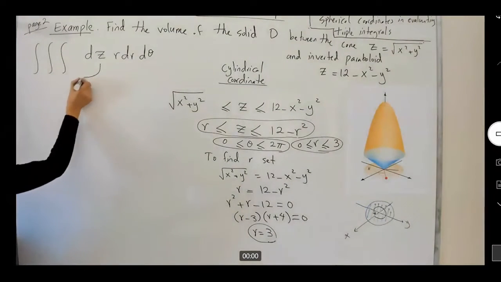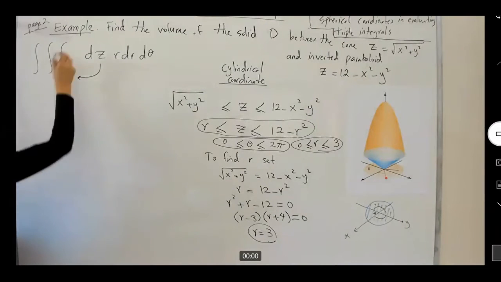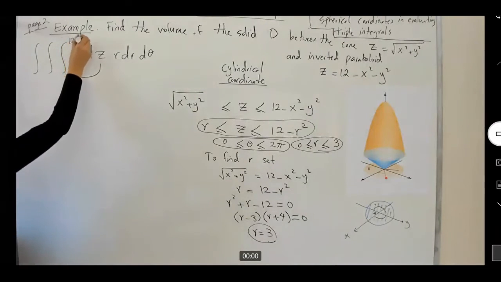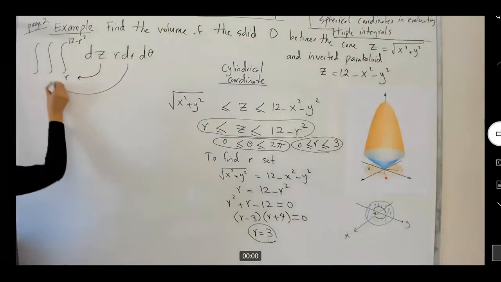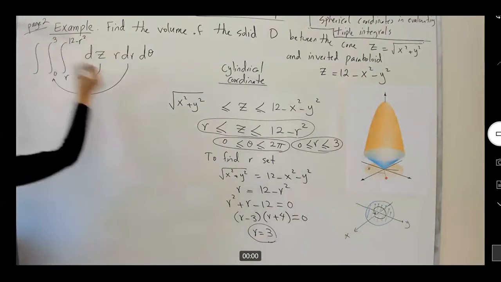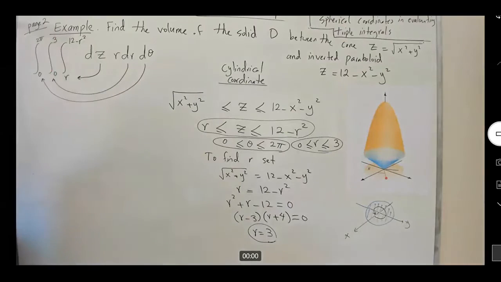So your z is bounded below by r, on top by 12 minus r squared. And your r is bounded between 0 to 3, and your theta 0 to 2 pi.